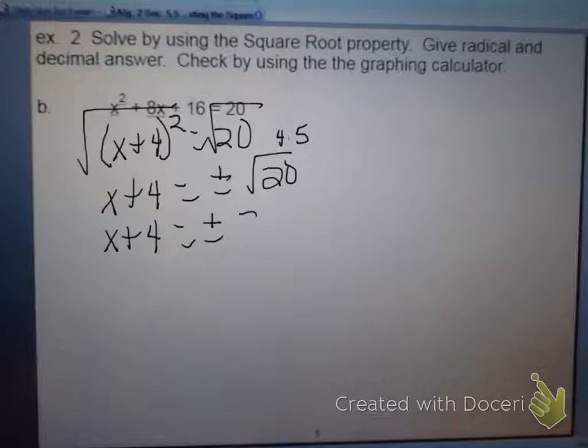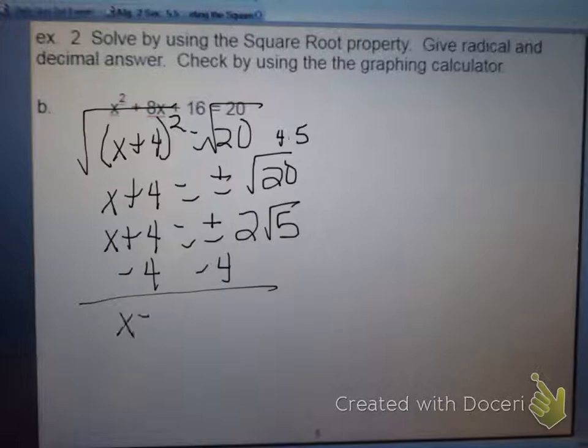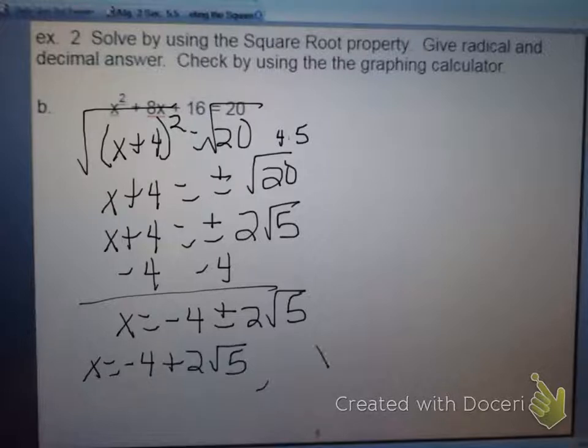Square root of 4 is 2, so that's 2 square root of 5. Subtract 4 on both sides, so that's x is equal to negative 4 plus or minus 2 square root of 5. Now let's split it, say negative 4 plus 2 square root of 5, and x is equal to negative 4 minus 2 square root of 5.